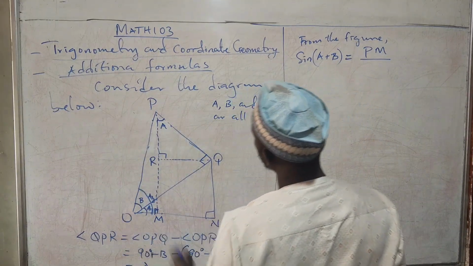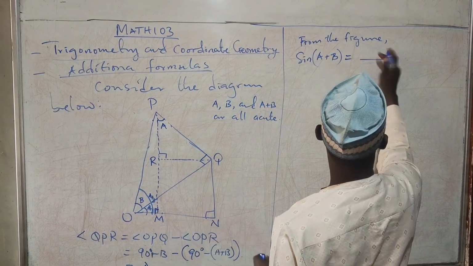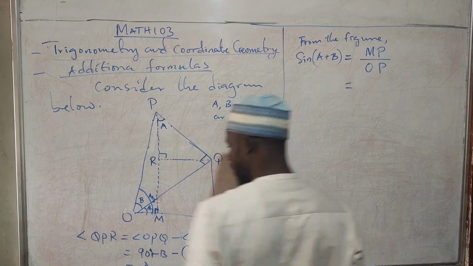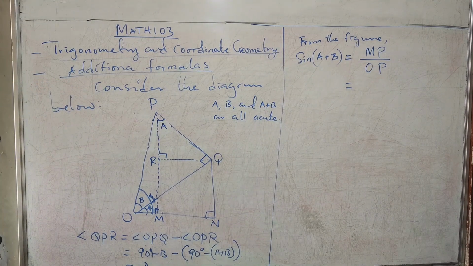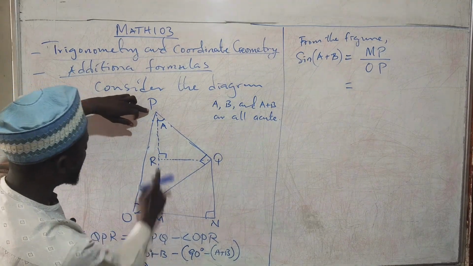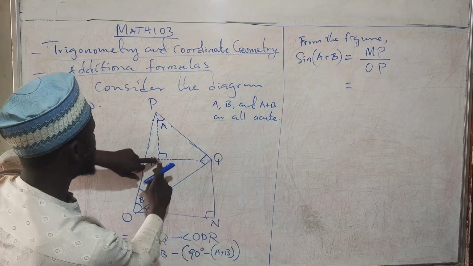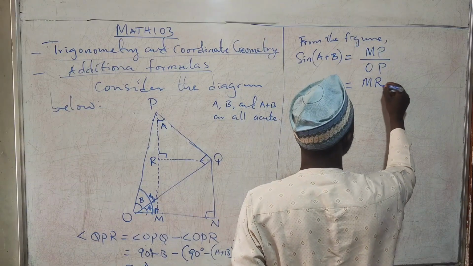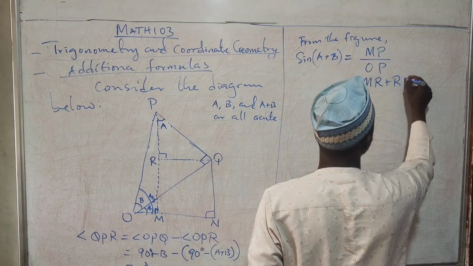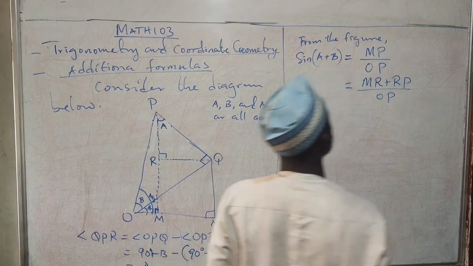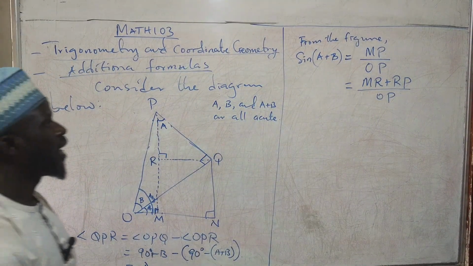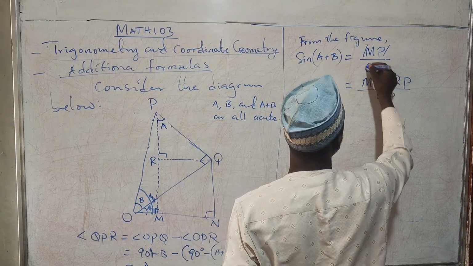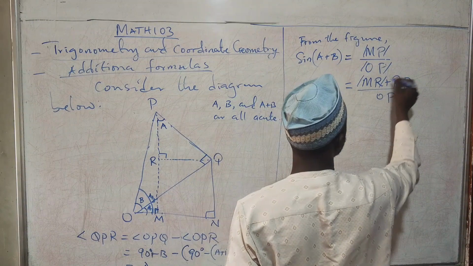The hypotenuse is OP. So let me just say MP over OP. But what is MP over OP? We can still break the line MP into MR plus RP. So this is equal to MR plus RP over OP. I'm talking about line segments, so let me be putting something like this to show line segments.